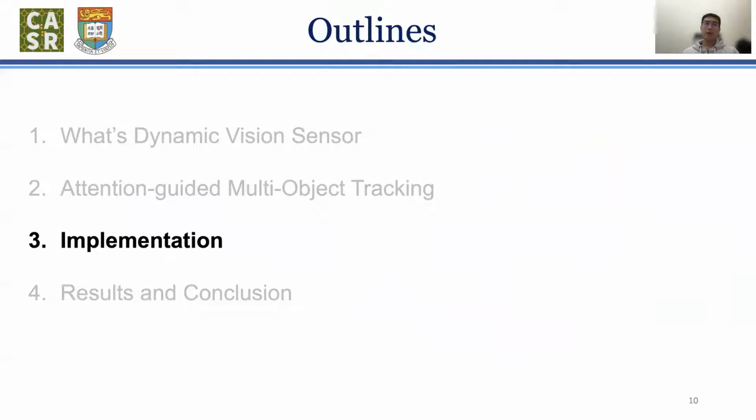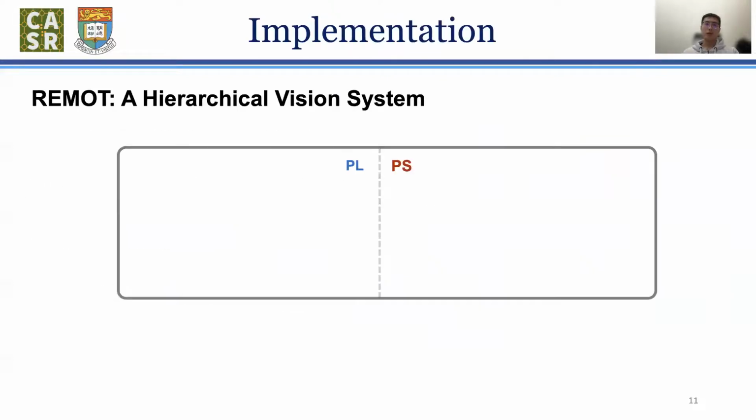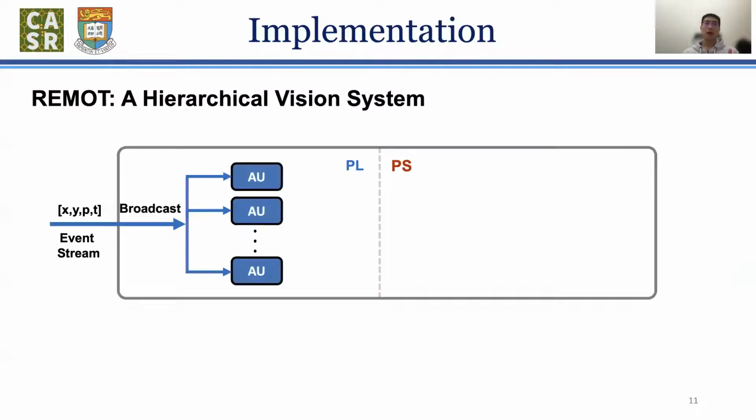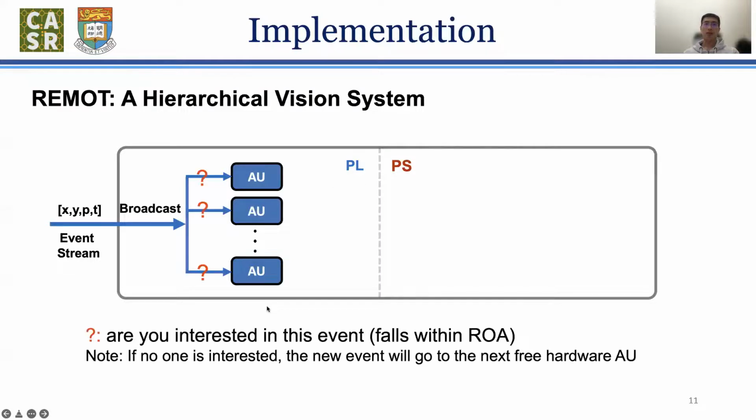So how do we implement this kind of hardware-software architecture? Well, on FPGA, we implement the parallel AUs on the programmable logic. They directly take the event stream as input and broadcast the events to all the AUs and ask them, are you interested in this event?